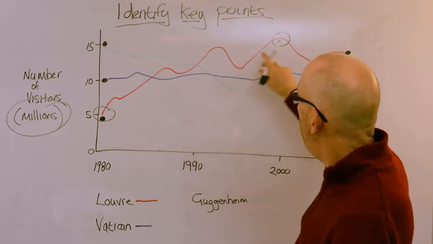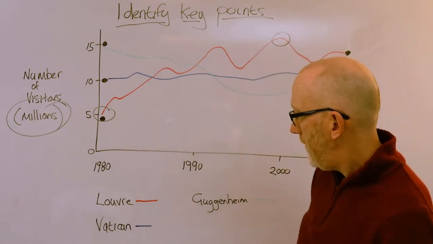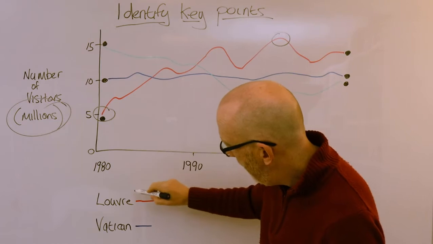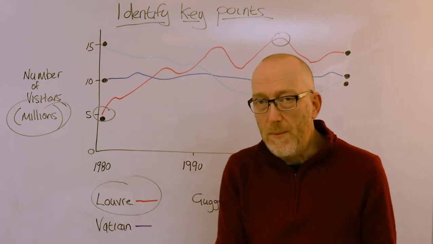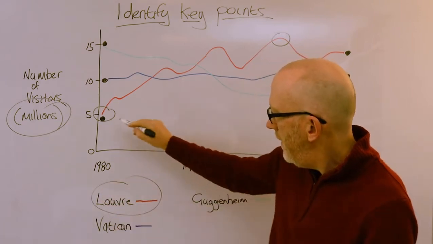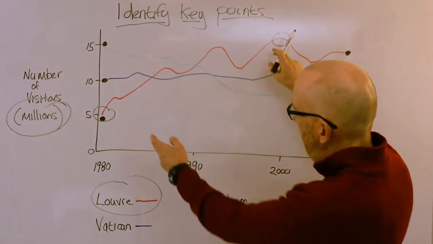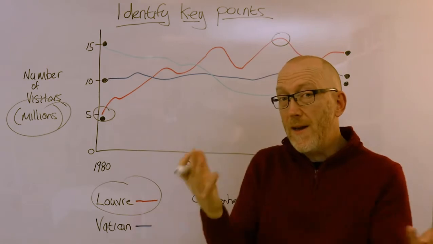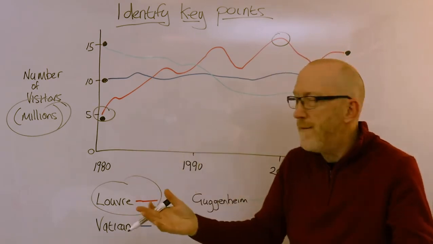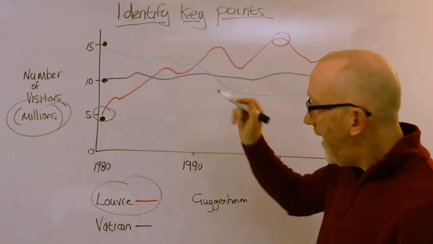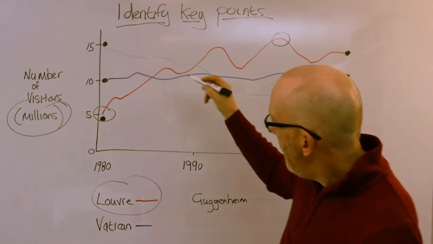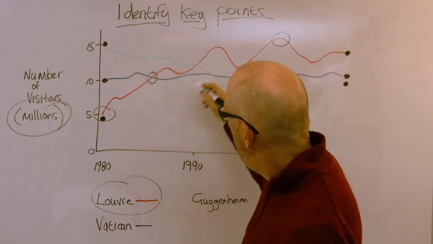The lowest point and the highest point, okay, are all associated with the same museum. Yeah? So the lowest point and the highest point on the graph, that is potentially key information that we can describe. Yeah, but it's not the only information. Other key points, okay, might be where lines cross.